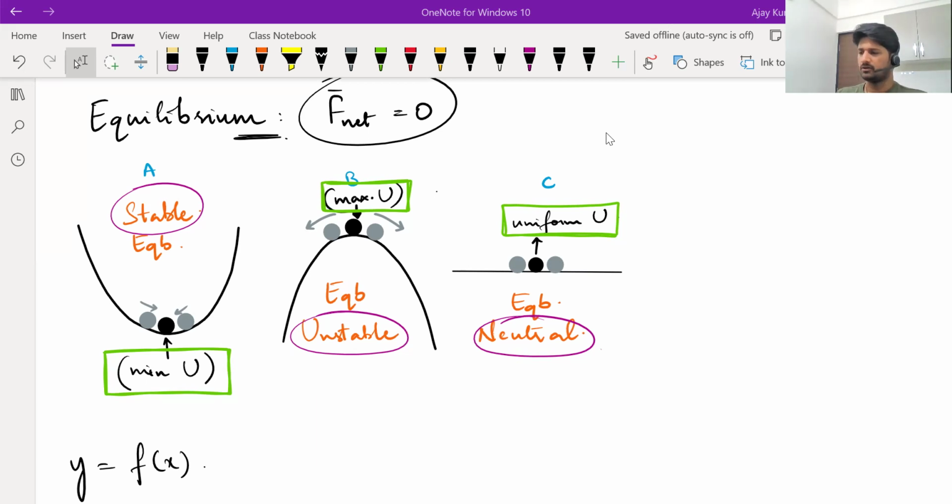Any real life examples of stable equilibrium other than this? Have you ever seen any object or any system which even if disturbed slightly comes back to the original position?